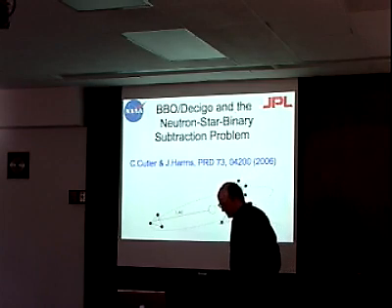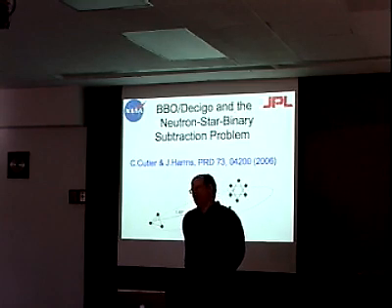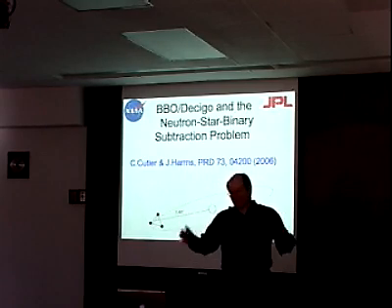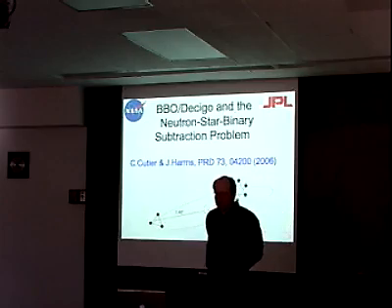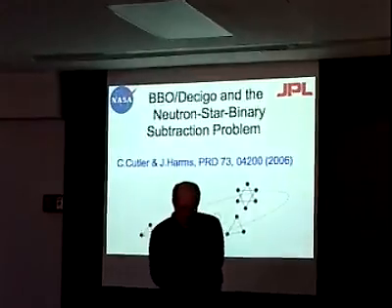In this talk, as shorthand, I'll just say BBO instead of BBO or DECIGO, but of course it will mean any detector of roughly the same architecture and the same noise characteristics, and whoever builds it can call it what they want.